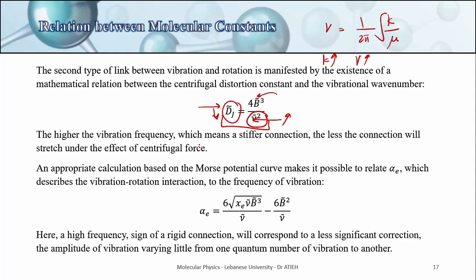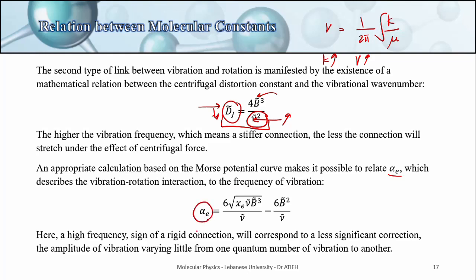Not only can D be related to nu bar, but also B. An appropriate calculation based on the Morse potential curves makes it possible to relate alpha_e to the frequency of vibration. This is not developed in the course. We only have to see the formula, which describes the vibration-rotation interaction.